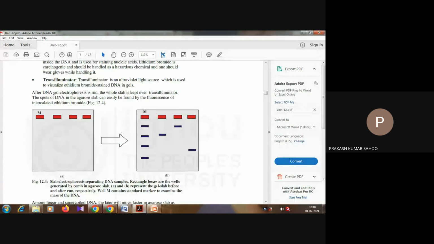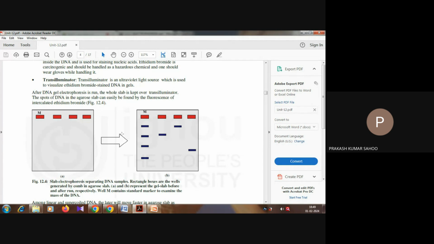In membrane separation as well as in electrophoresis, in the first part you should remember the type of membrane and the different pore size. If you understand these two things, then the process or mechanism will automatically come.